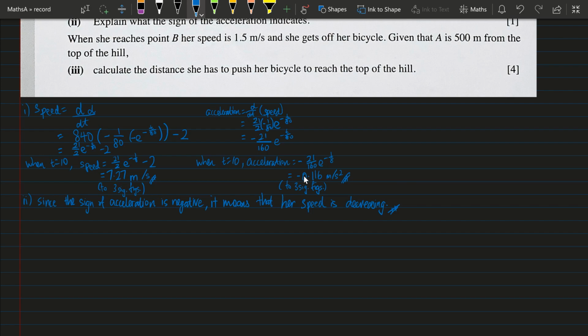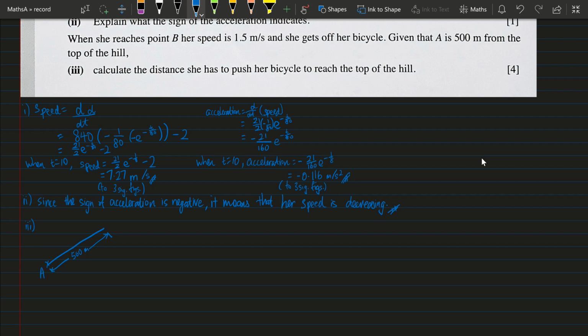So, if you're a more visual person, maybe a simple diagram would help us over here. She's obviously going up an incline, right? And this is 500 meters. And then A is at the bottom of the hill.